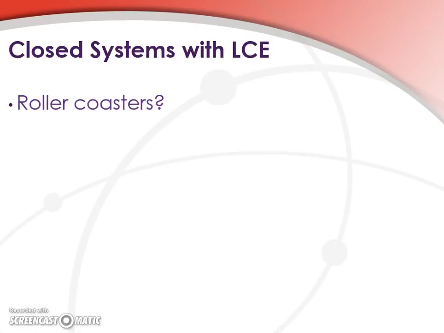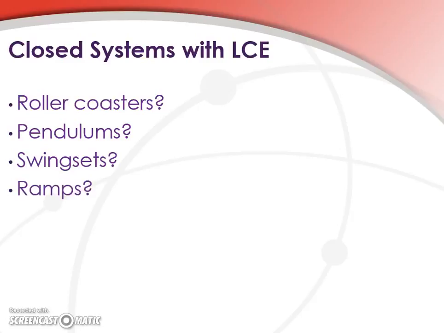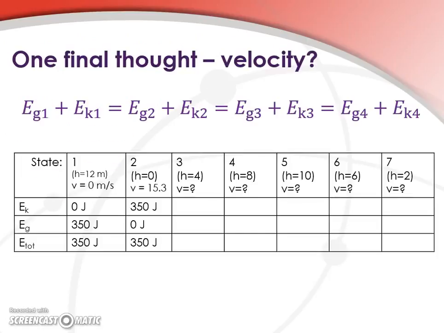The kinds of closed systems that we can treat with the law of conservation of energy could be roller coasters, pendulums, swing sets, and ramps. Essentially any system that doesn't have an outside force acting on it.